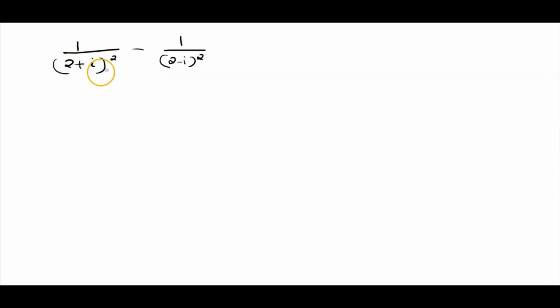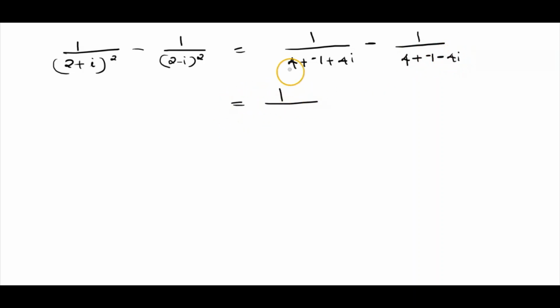We can write 1 by (2 plus i) all square as 2 square 4, plus i square is minus 1, plus 2 into 2i is 4i, minus 1 by (2 minus i) whole square, which is 2 square is 4 plus i square is minus 1, minus 2 into 2i is 4i. So this is 1 by 3 plus 4i minus 1 by 3 minus 4i.